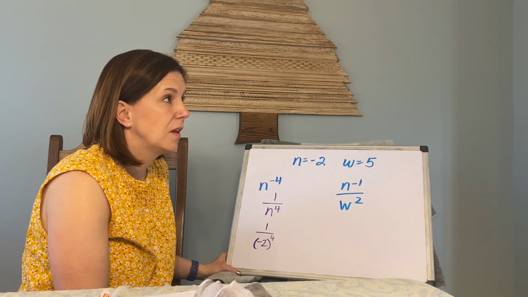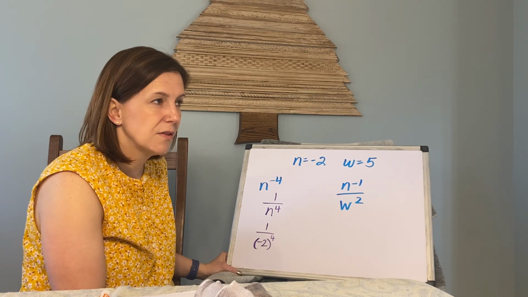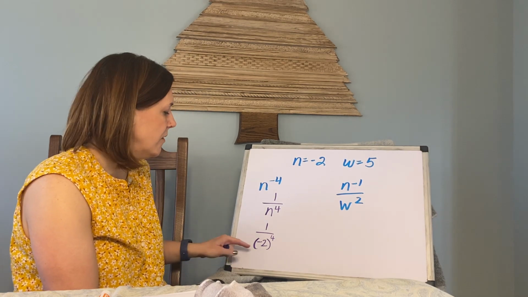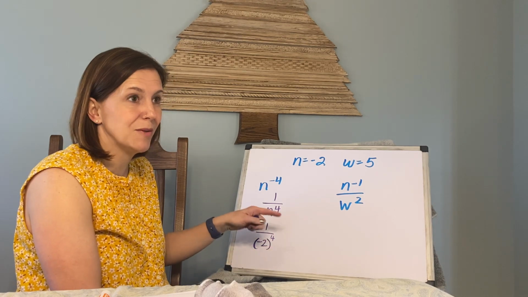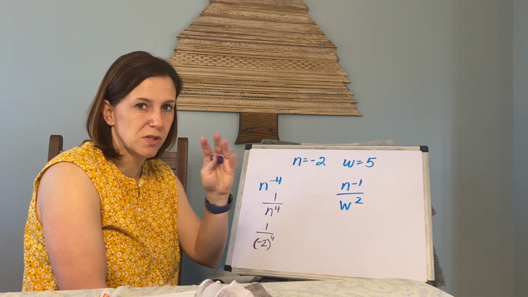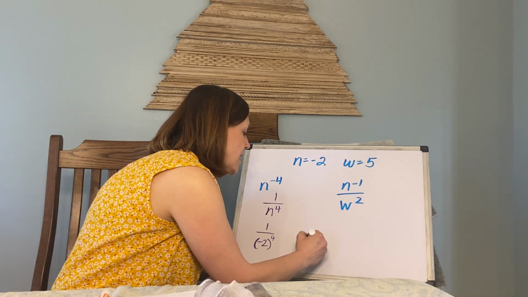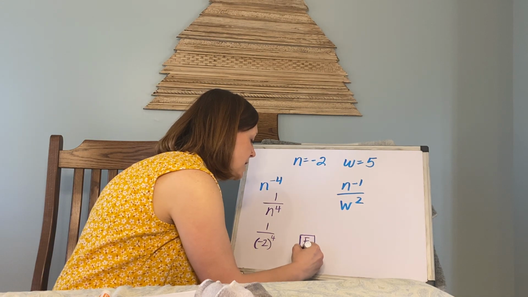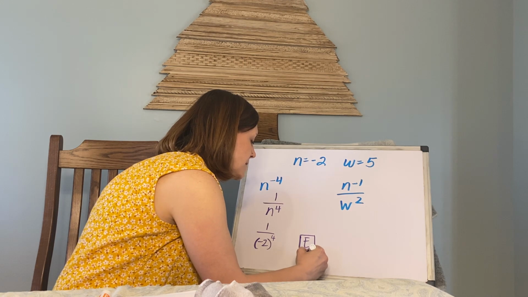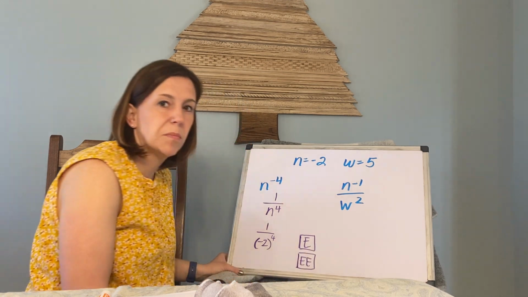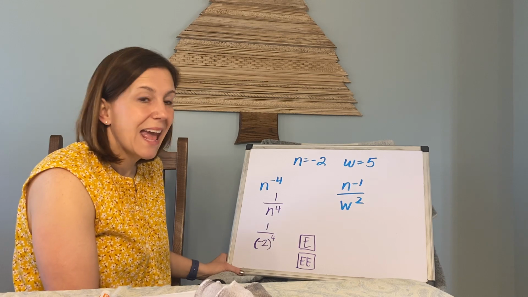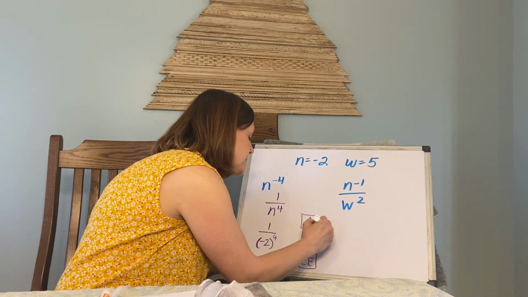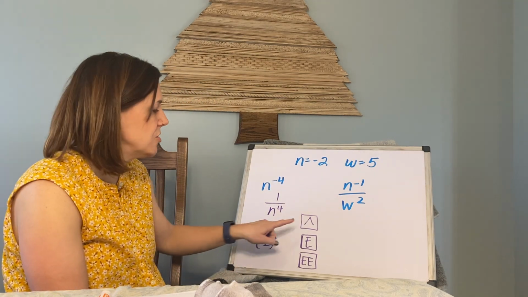Now, you can use your calculator for these, of course. You're going to either figure out negative 2 times negative 2 times negative 2 times negative 2, 4 times. Or you'll see on your calculator these buttons. This is where we pull in exponents. You will also see this button. In fact, most of your calculators use this.